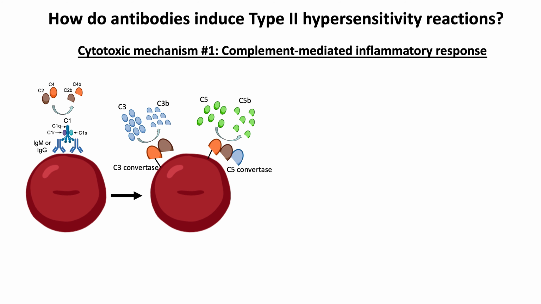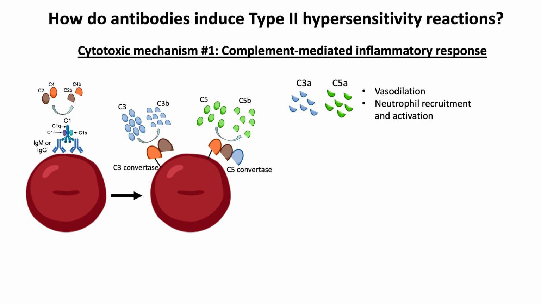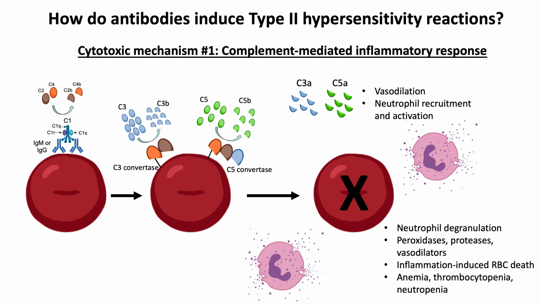Now, the other portion of that cleavage is C3a and C5a. And as you'll recall from our complement module earlier in the course, these two molecules are potent inflammatory mediators. They act on endothelial cells within vessels to induce vasodilation, and they can induce neutrophil recruitment and activation.